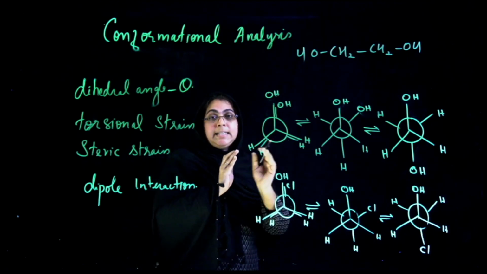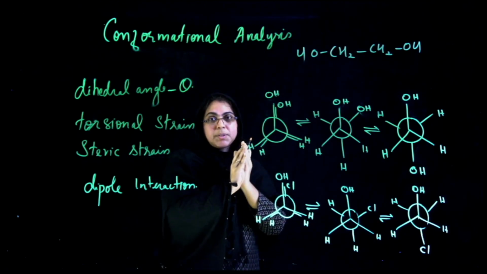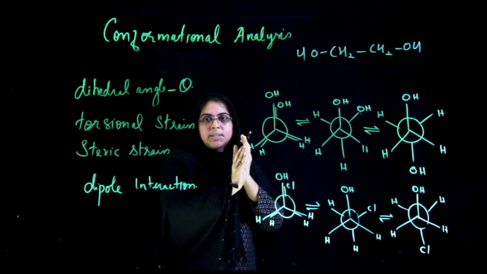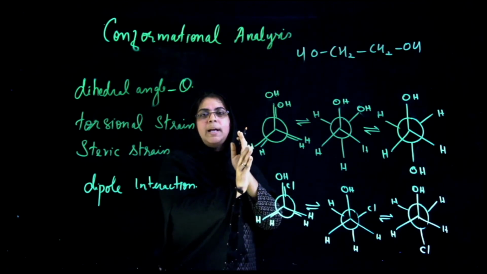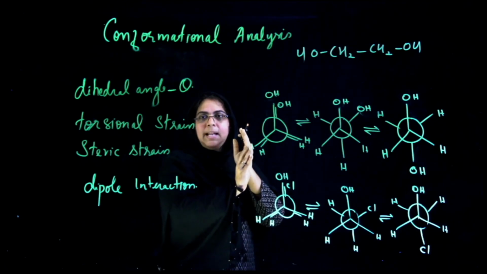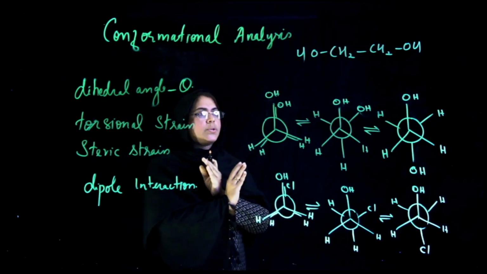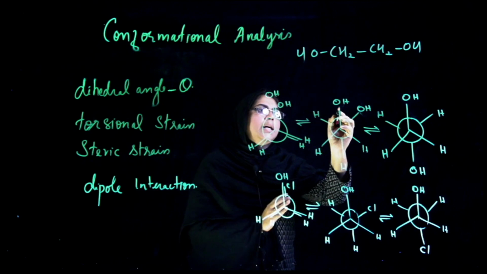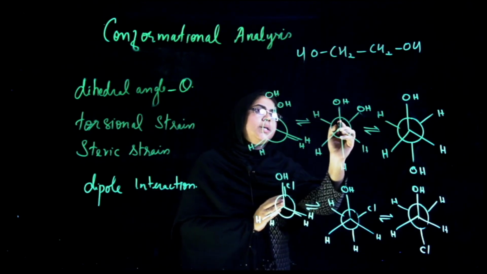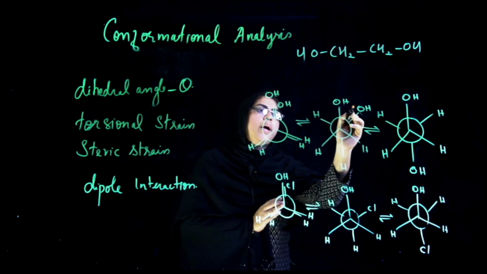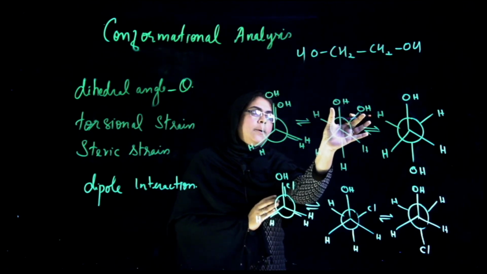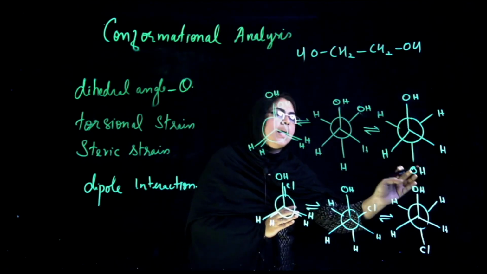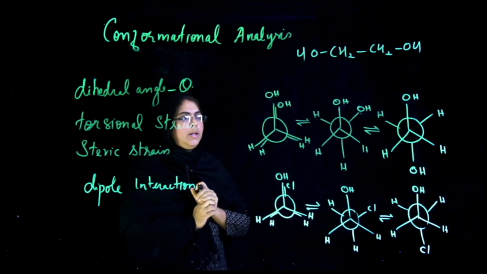That is, in this eclipse conformation, the distance between the two OH or two hydrogen of adjacent carbon will be less than the van der Waals radii. And here it is Gaussian conformation. In this case, the OH are somewhat distant from each other. And in this case, they are as far as possible.